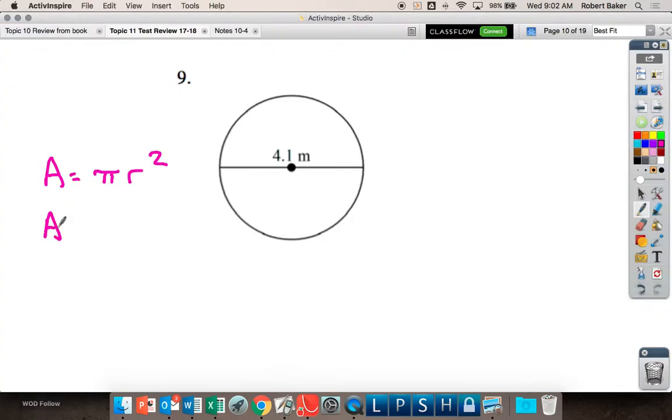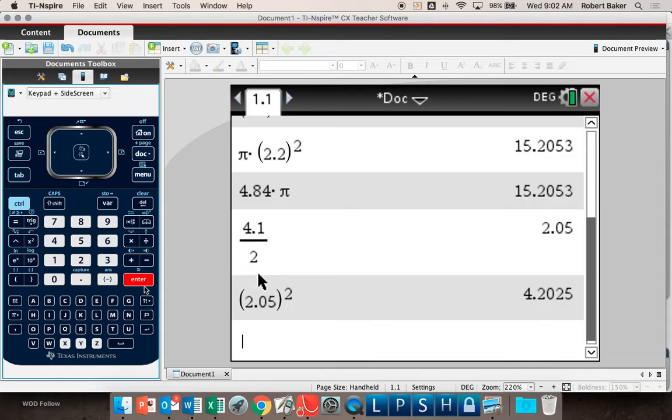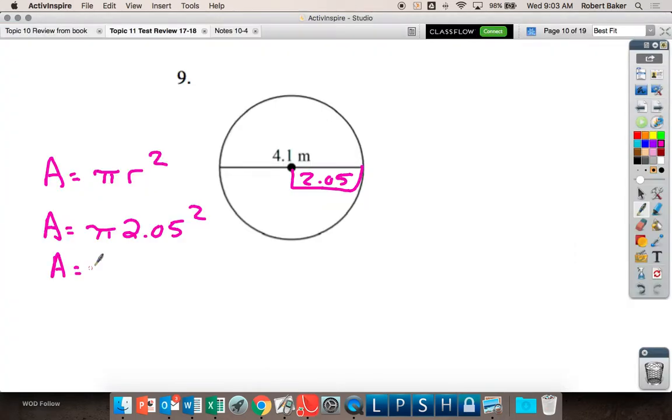So I'm going to do area equals pi r squared. So all you're going to do is square 2.05, and you get 4.2025 pi. So just squaring the number, not multiplying by pi.